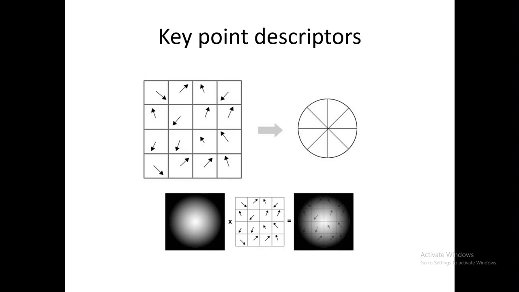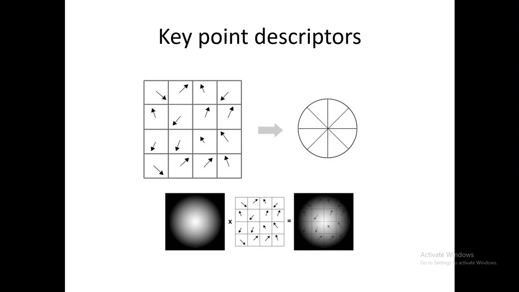We have this Gaussian weighting function, and we multiply it with the descriptor. This function generates a gradient, and we multiply it with the magnitude of the orientation, and we get the weighted gradients, or weighted orientations.